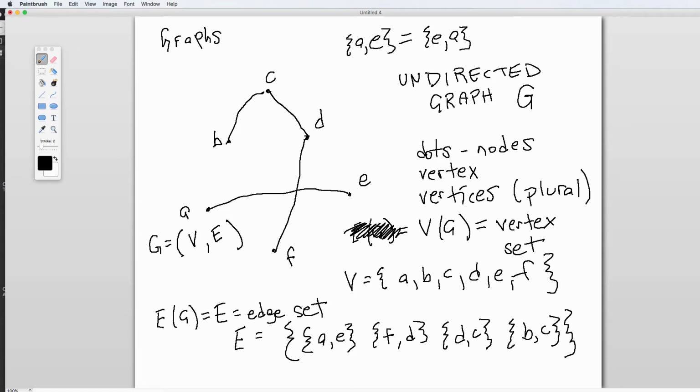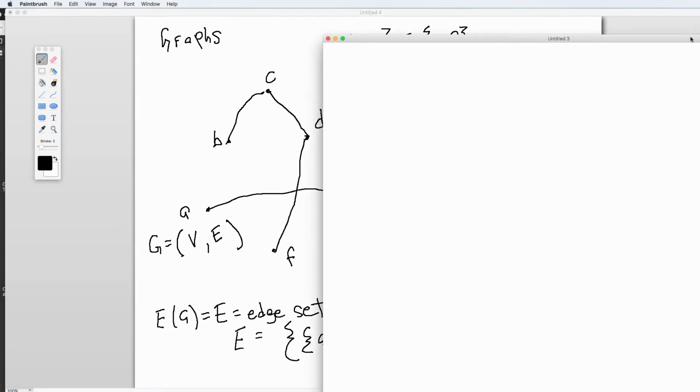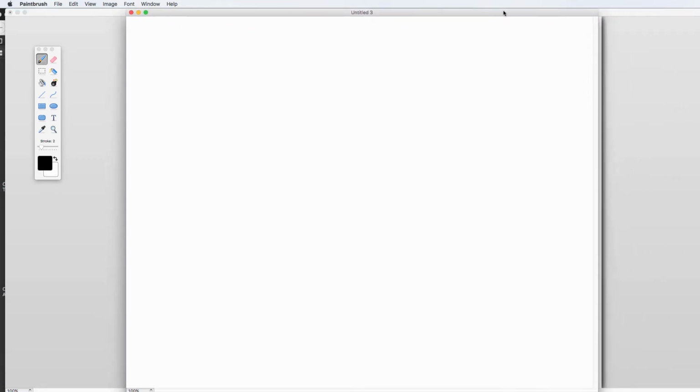Now I want to show you something called a directed graph. So this is going to be a directed graph. And in a directed graph, again, we have a set of vertices.